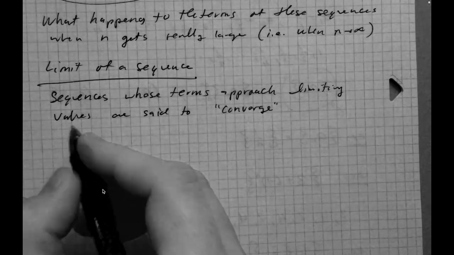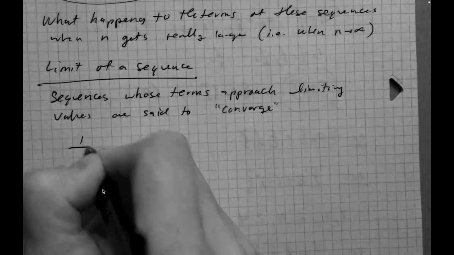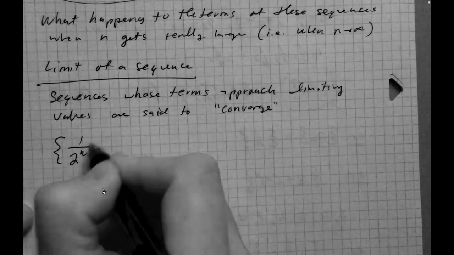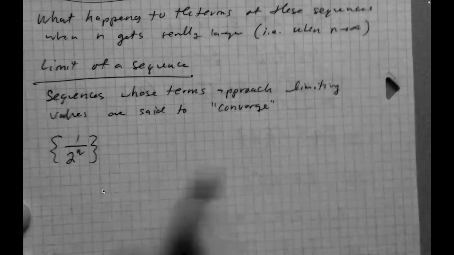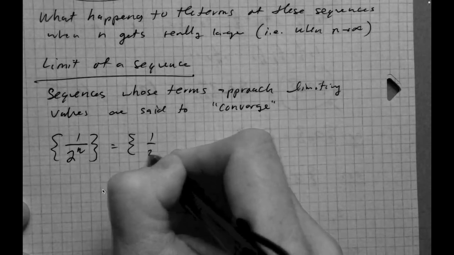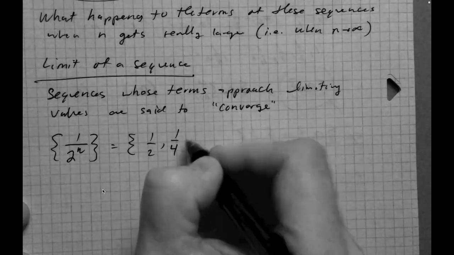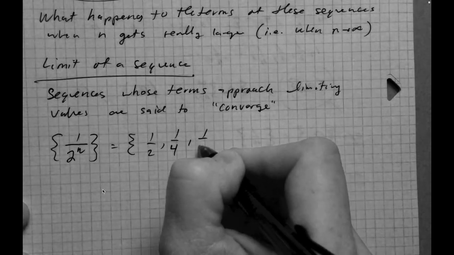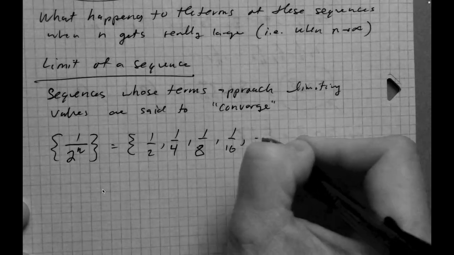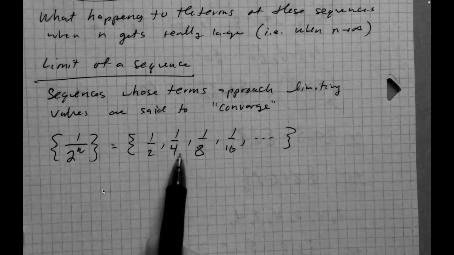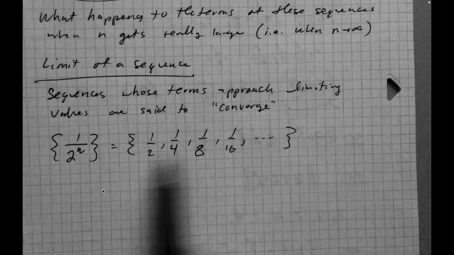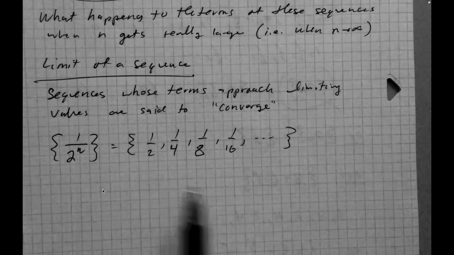Okay, so for example, the sequence 1 over 2 to the nth power, right? And you can imagine what that sequence looks like. It would be 1 over 2, 1 over 2 squared, 1 over 2 cubed, etc. 2 to the first, 2 squared, 2 times 2 is 4 times 2 is 8, 2 to the fourth, 16, etc. So this is an example of a sequence that converges, right?